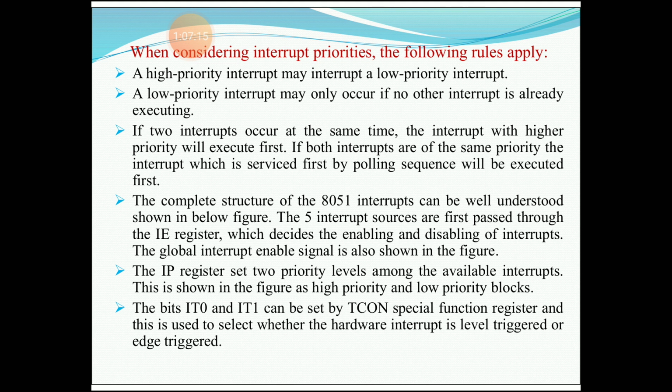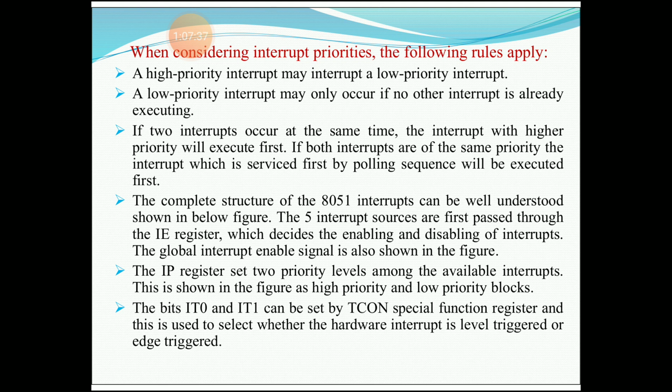The complete structure of the 8051 interrupt can be well understood by using the figure below. The 5 interrupt sources are first passed through the IE register, which decides the enabling or disabling of the interrupts, and the global enable interrupt signal is also shown in the diagram.